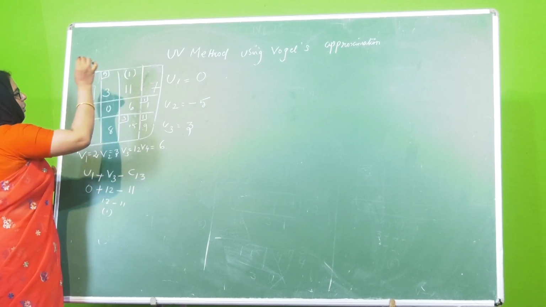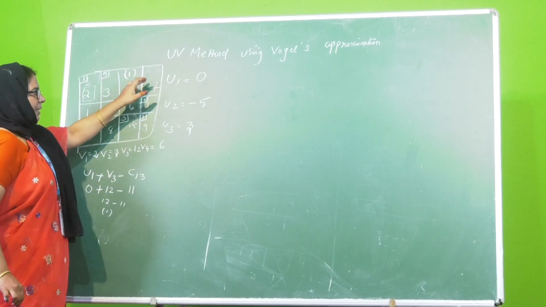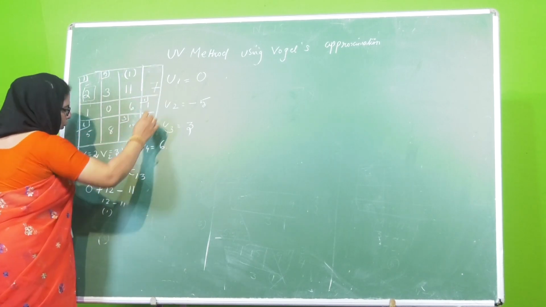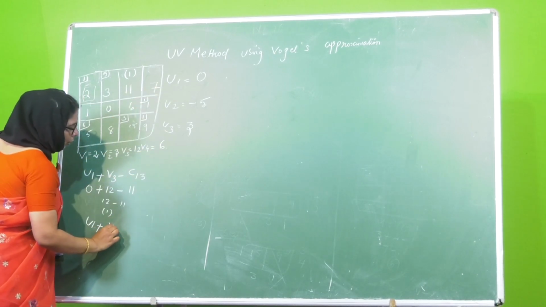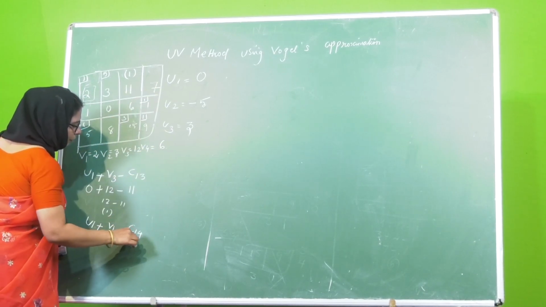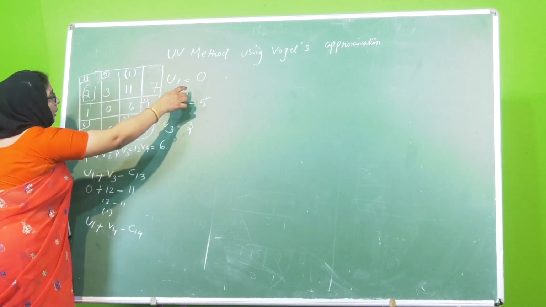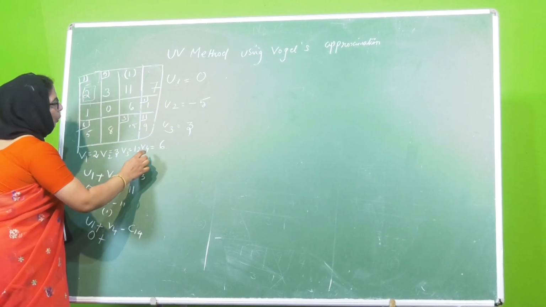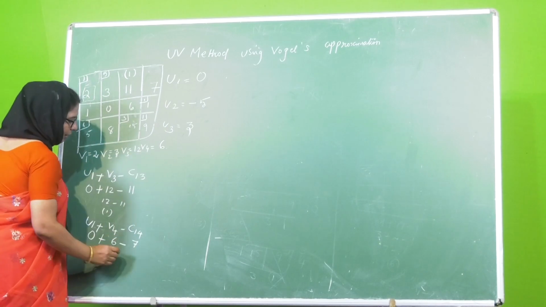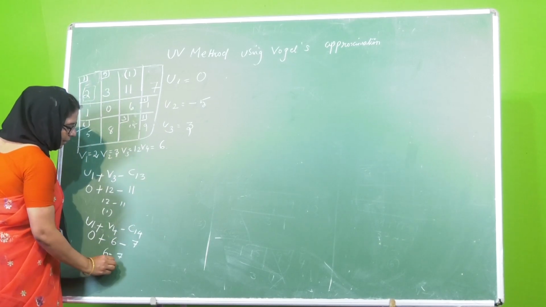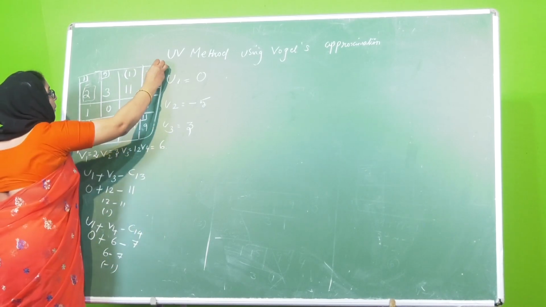The dummy allocation. Next value for the 7, that is the place U1 plus V4 minus C14. U1 0, V4 6 minus C14 7. So 6 minus 7 is minus 1.